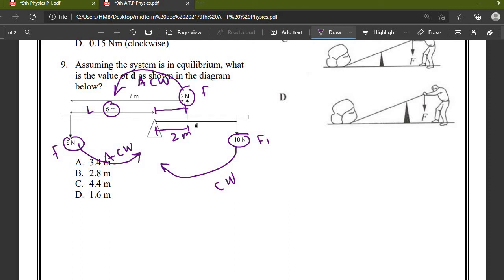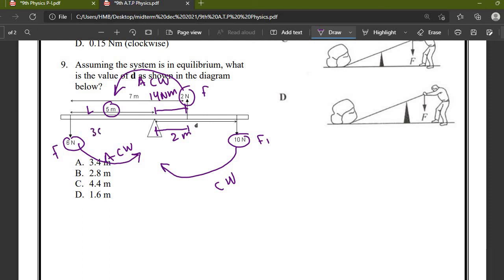This anti-clockwise torque will be equal to force into moment arm, 14 Newton meter, and this force 6 Newton is acting 5 meter from the point of rotation.